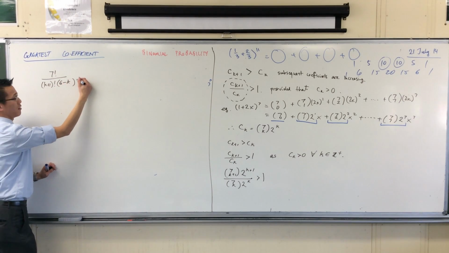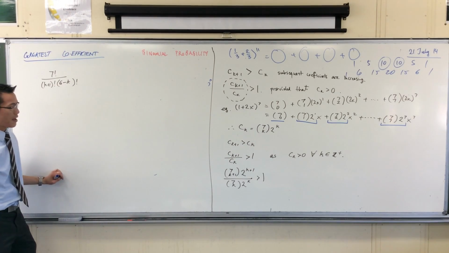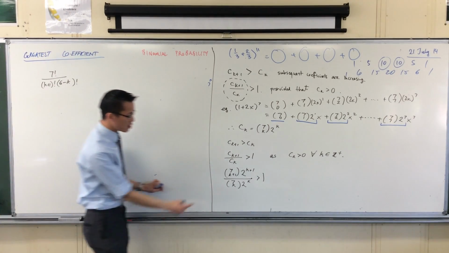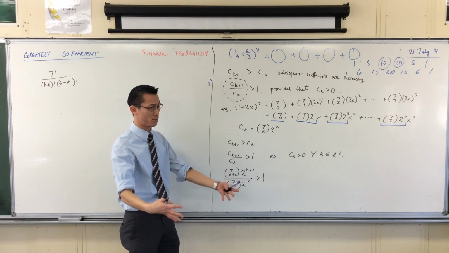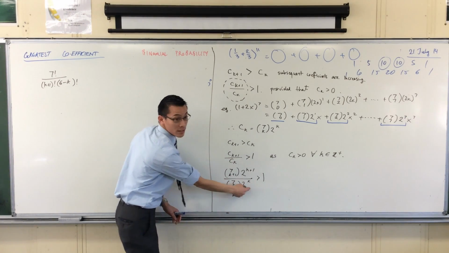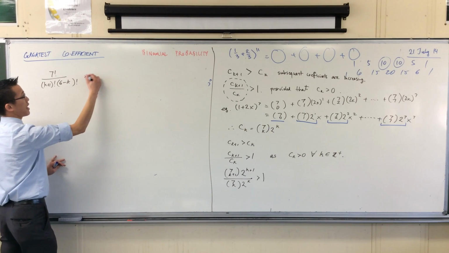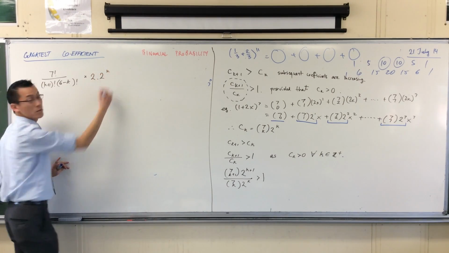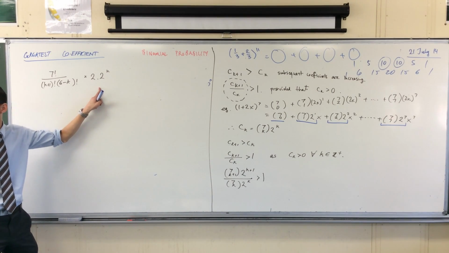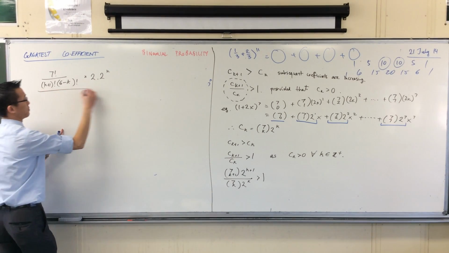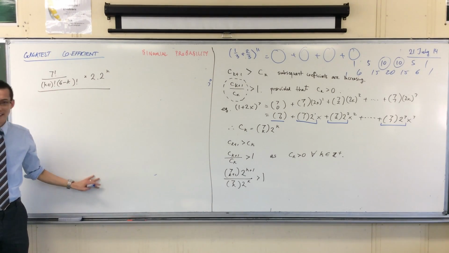Is that right? Okay, that's what's on the top. This 2 to the power of k plus 1, I could leave it like that, but just to make it a little more obvious, I want to cancel it with the one down the bottom. So the difference between that is just a factor of 2. That is 2 to the power of k plus 1. You content with that? Is that okay? Cool.